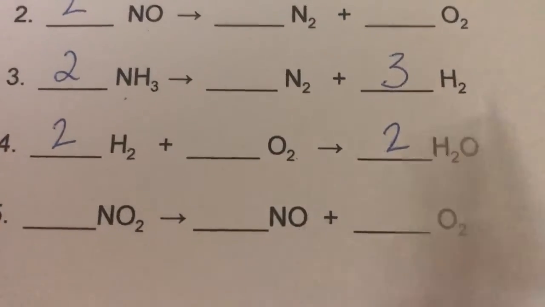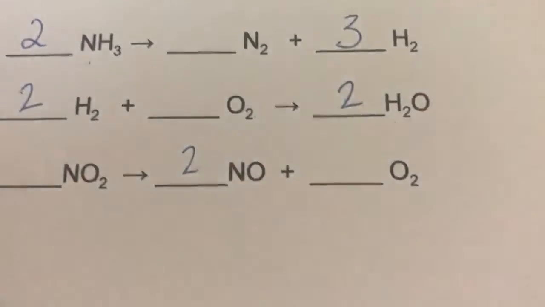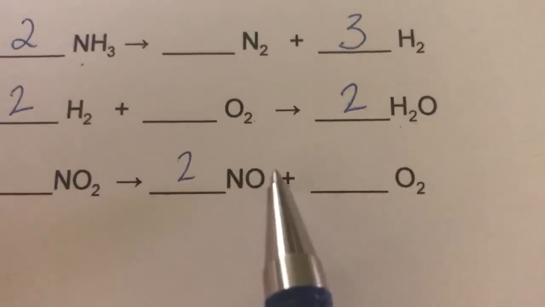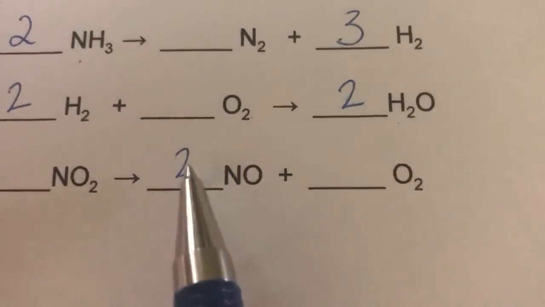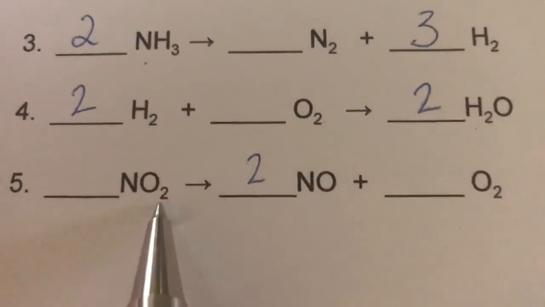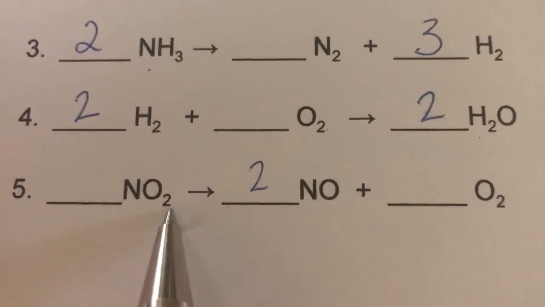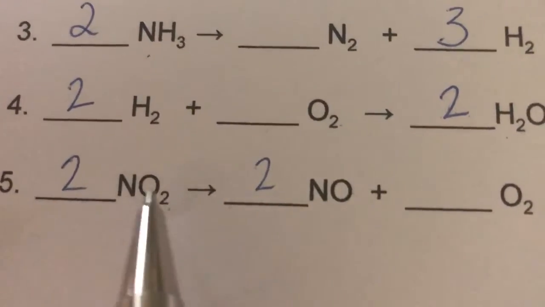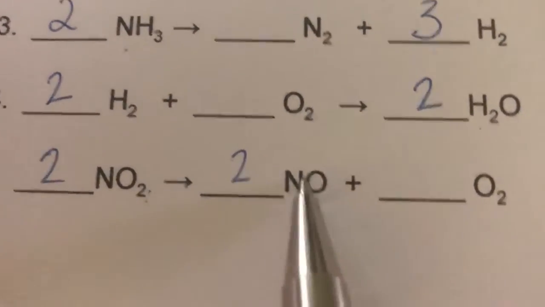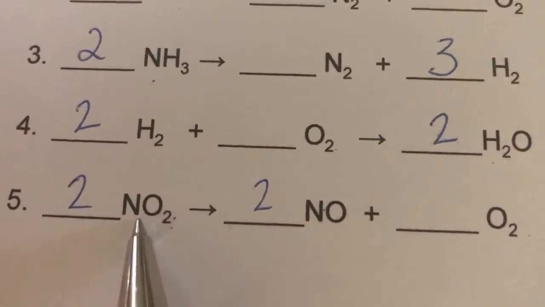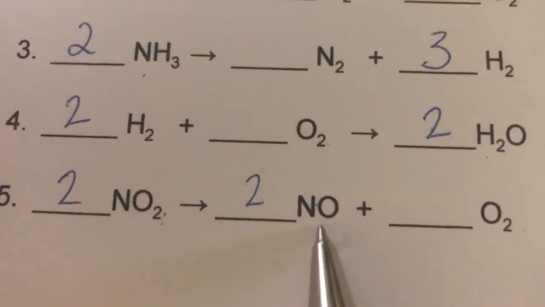So if I have 1 oxygen, if I double it, now 2 times 1 is 2, and 2 plus 2 is 4. So over here I take the 2 and I have to multiply it by 2 to get 4. So I'm going to put the 2 up front. I've got 4 oxygens. 2 plus 2 is 4. I have 2 nitrogens. I have 2 nitrogens.